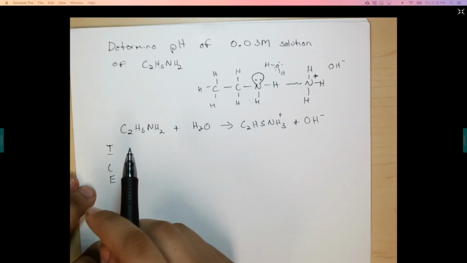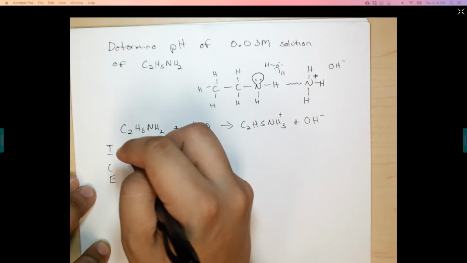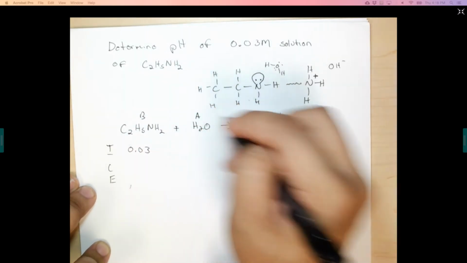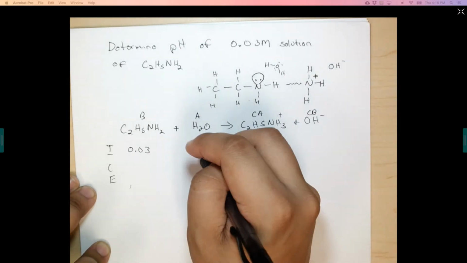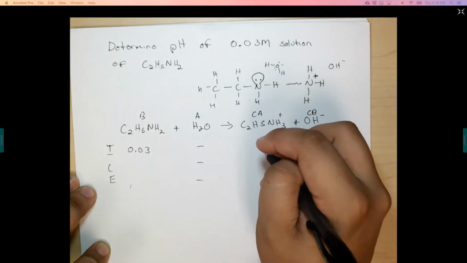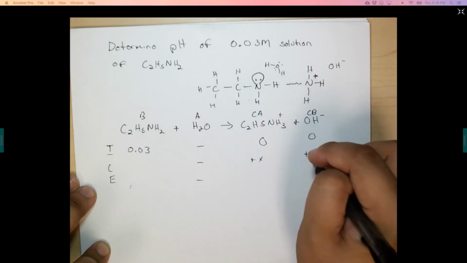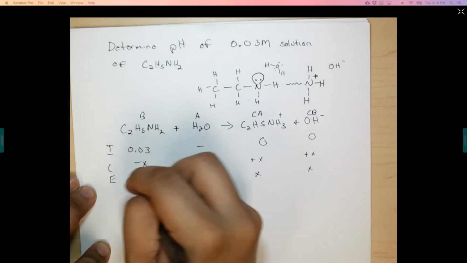You want to be comfortable with both. We've been given the initial concentration of our base. You can go ahead and label it base, conjugate acid, conjugate base. We're never dealing with water, and we have 0 initial for each of these, and we're dealing with plus x, plus x, minus x, 0.03 minus x.